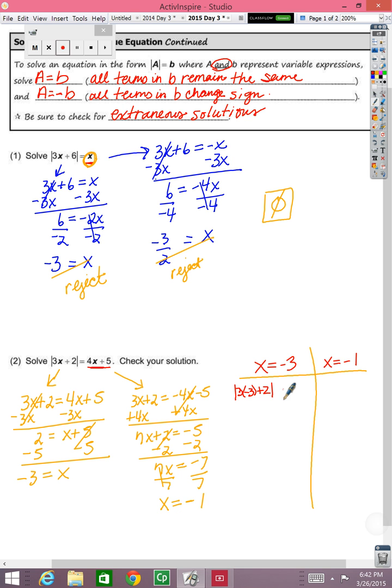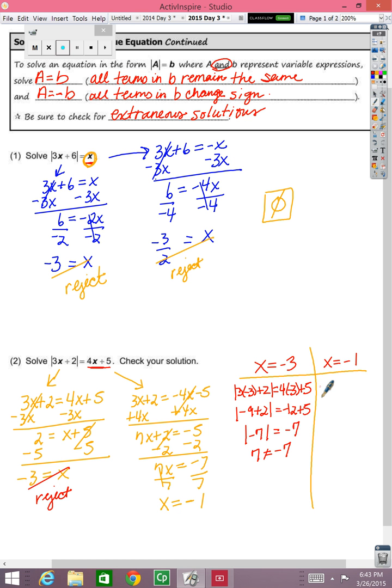Is that equal to 4 times negative 3 plus 5? Okay, negative 9 plus 2. Does that equal negative 12 plus 5? Well, this is the absolute value of negative 7. Does that equal negative 7? It does not, because the absolute value of negative 7 is equal to 7. So that's not equal to. This does not check.